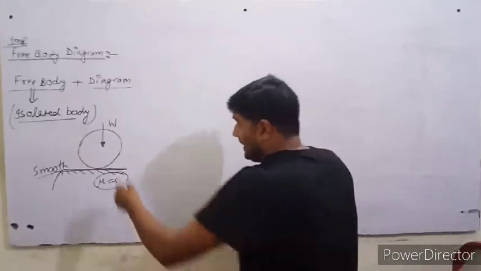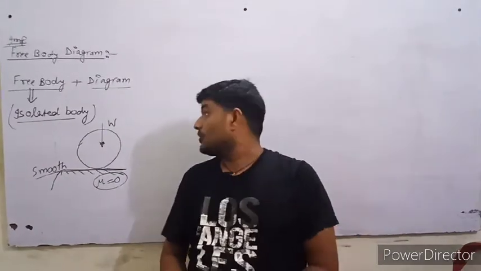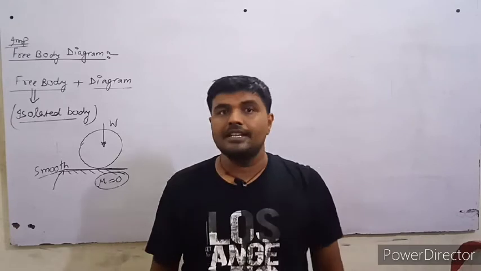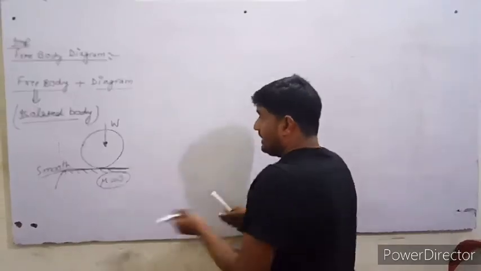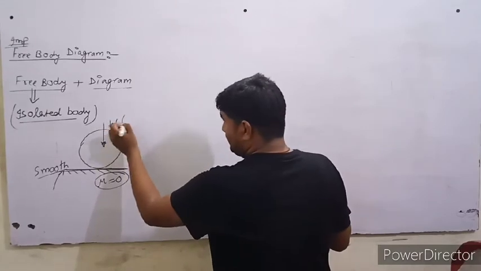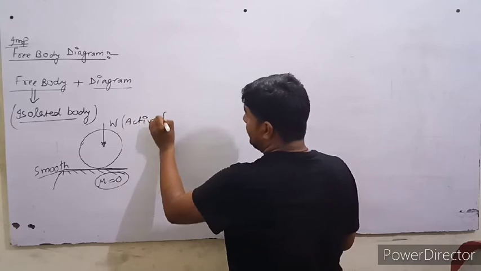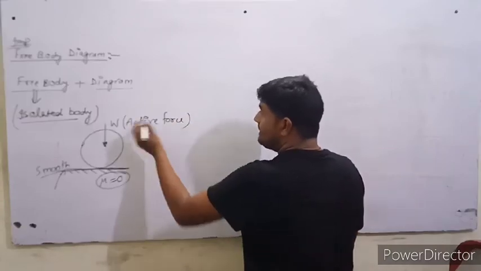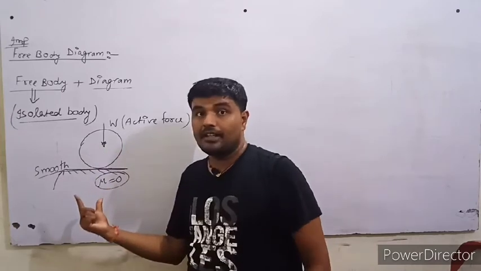Newton's third law says that to every action there is always an equal and opposite reaction. The self weight of the body, W, is known as an active force. Active force means this force is directly acting on this body.